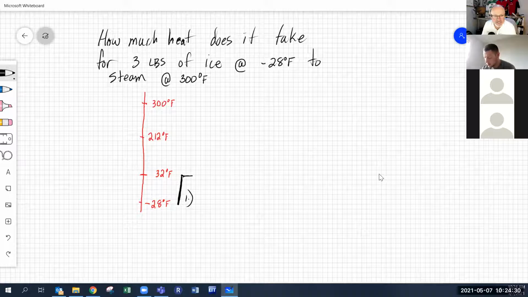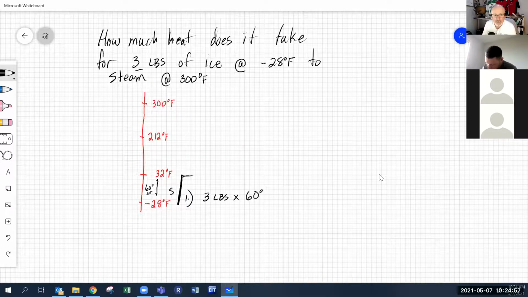This is a sensible heat equation where we take the mass, 3 pounds, and we're going to multiply that by the delta T. So the delta T between these two numbers from minus 28 to 32 happens to be a 60-degree delta T.